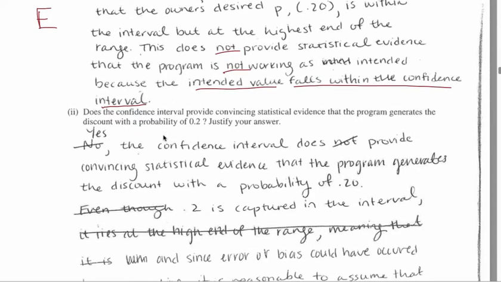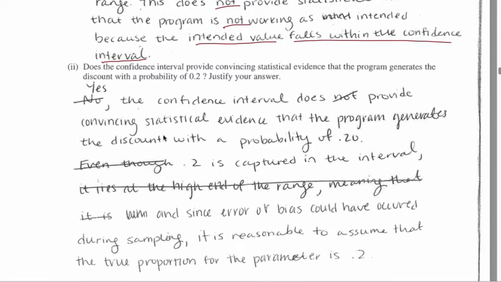The second part of part A, they first said no, but then they said yes. They said yes, the confidence interval does provide convincing statistical evidence that the program generates a discount at 0.2. That would be equivalent to accepting the null hypothesis, and that is flat wrong. If they say a strong statement like that, that is not true, and that was given an incorrect.